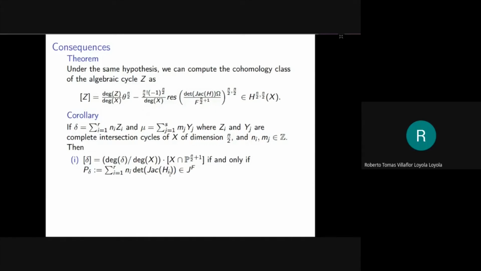And so the criterion is the following, right? This class is trivial in primitive cohomology if and only if this polynomial, which can be computed explicitly, is an element of the Jacobian ideal of f.